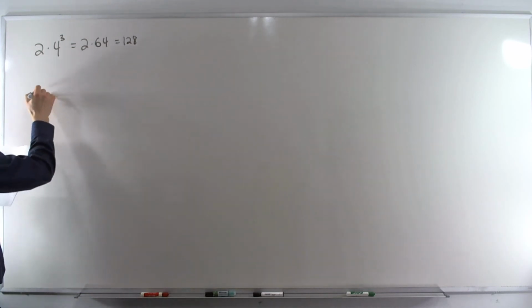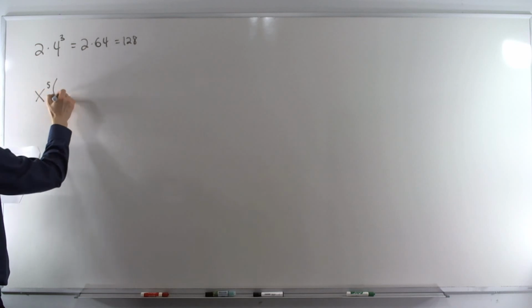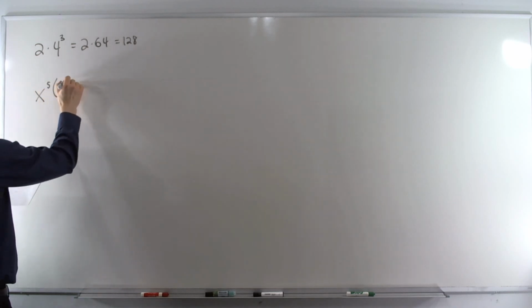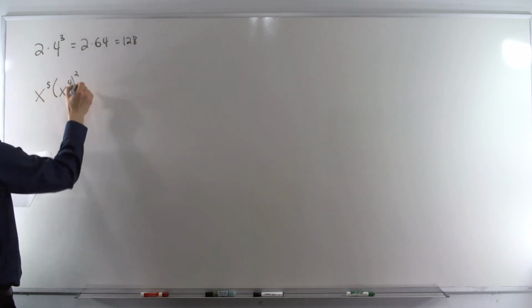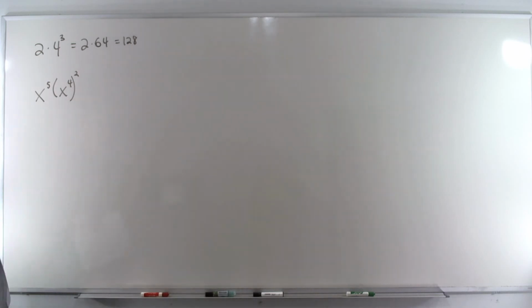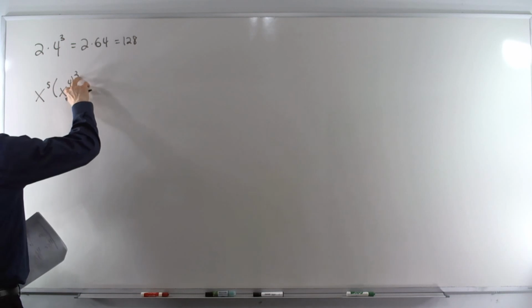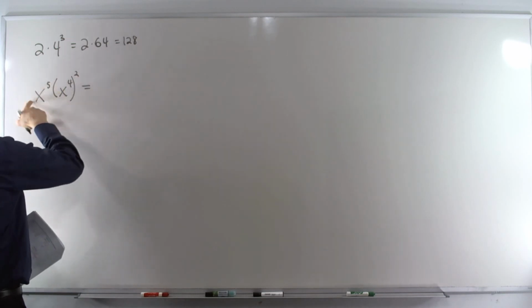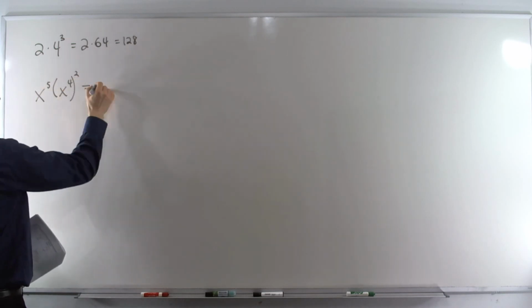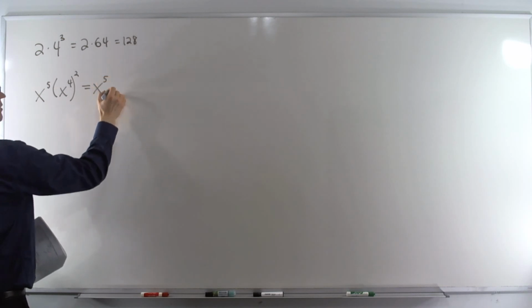Now we're going to look at an example. We've got x to the 5th power times x to the 4th squared. So we're going to do the exponent first. So power to a power. This is unaffected by the exponent, so just leave this as it is, x to the 5th.